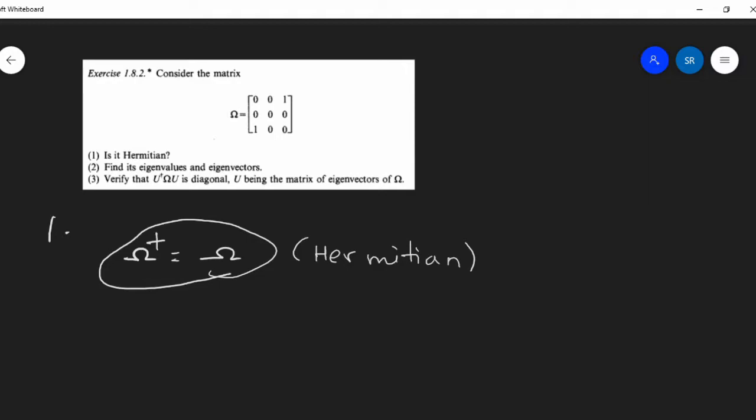So what is the dagger? Dagger is just transpose and complex conjugate, or vice versa.